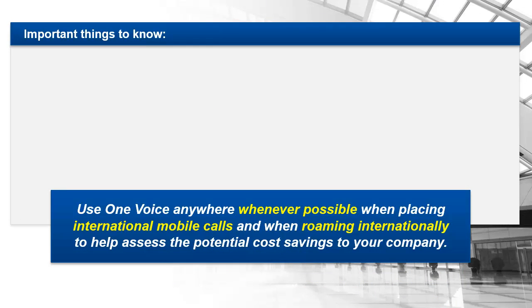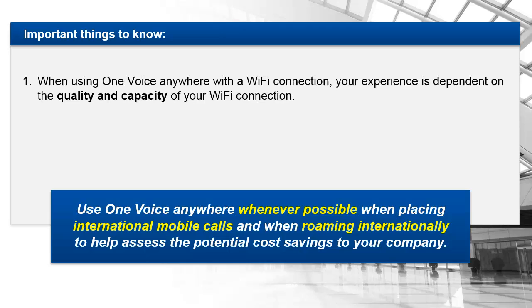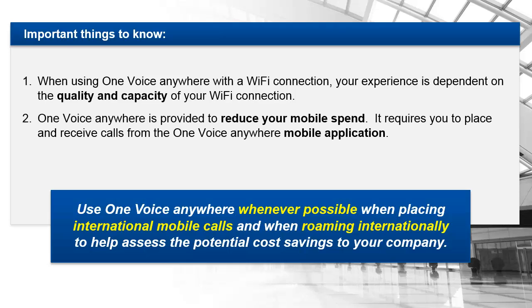Things that will be very important for you to know are when you use your BT One Voice Anywhere mobile app with Wi-Fi, the success that you will have in using the service will directly correlate to the quality and to the capacity of your Wi-Fi connection. If you ever experience issues with static, voice chop, or with dropped calls, the Wi-Fi connection will be the likely source of the issue.